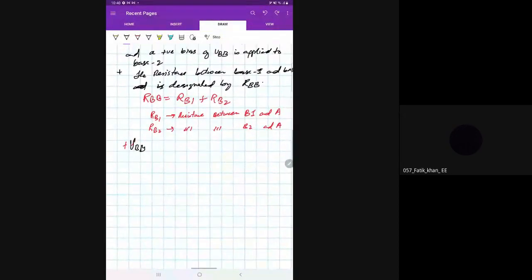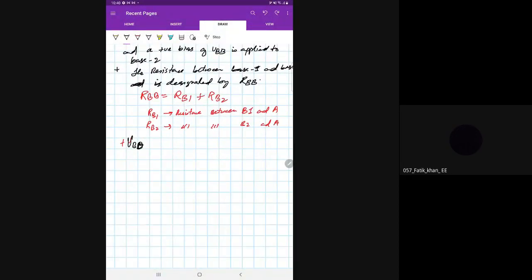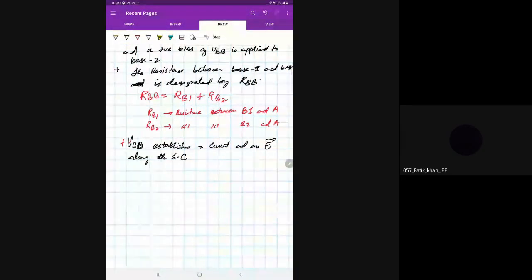So I'll write down here: VBB establishes a current and an electric field along the semiconductor bar. What is the semiconductor bar? N-type semiconductor bar.